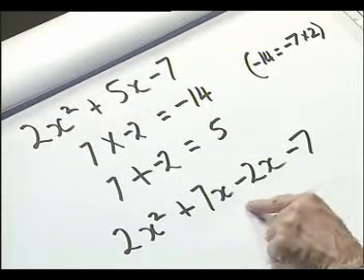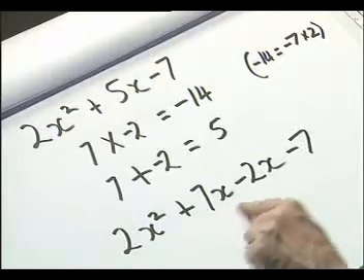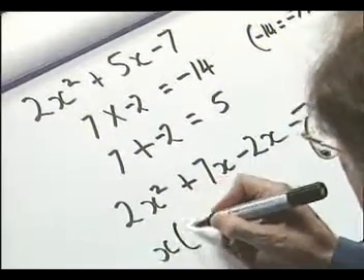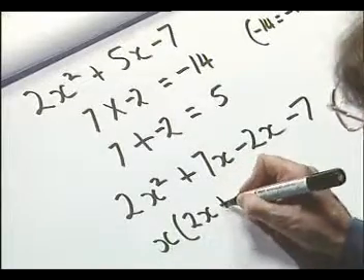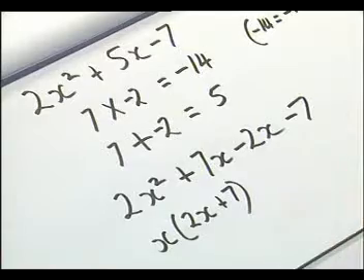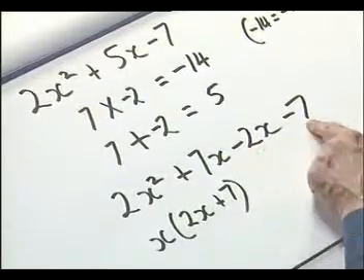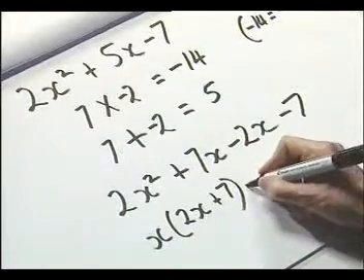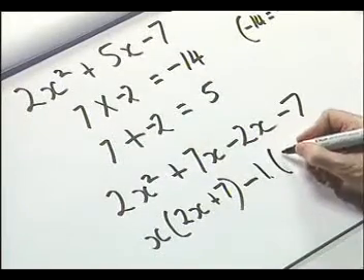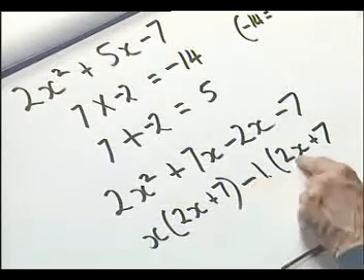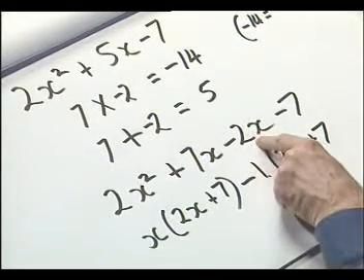What have we got here as a common factor? Well, we've got an x in each term, so we can take that out, giving us 2x plus 7. And here again, what have we got for a common factor? Well, the only thing that's in common is 1, and there's a minus sign with each one, so it's minus 1 times 2x plus 7. Minus 1 times 2x gives us minus 2x.